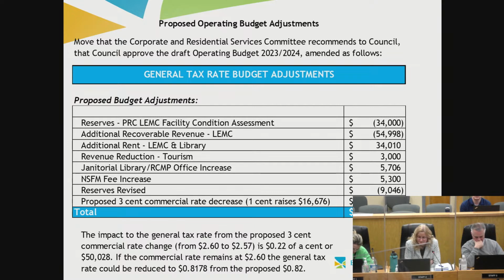One thing that's coming up is the minimum wage, and that's going to be detrimental to these businesses that employ people. And I think for the amount of money it is, I think we can find that $50,000 somewhere. I don't think I'm in full support of lowering it 3 cents, and I think we have to look after our commercial businesses as well as our residents too. So thank you.